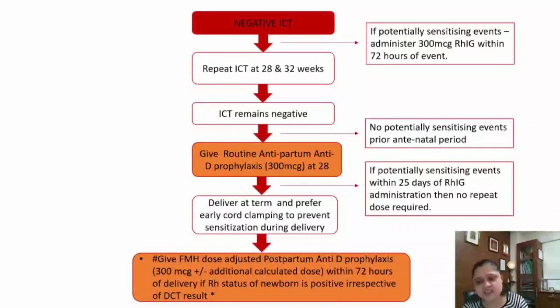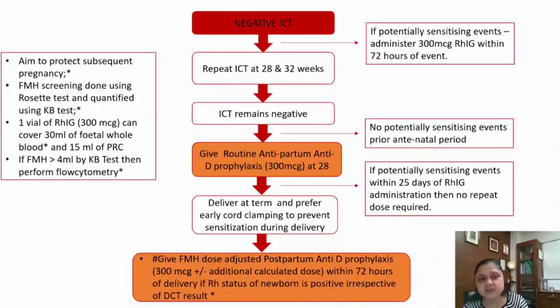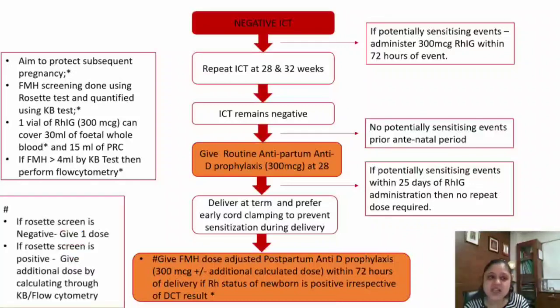However, that DCT result can be reported as positive in certain cases. Even despite being reported as positive, we should administer the antepartum prophylaxis of RH immunoglobulin. It is very important that we understand the aim of this administration, because we want to protect the subsequent pregnancy. FMH, now the dosage is very important to be understood.